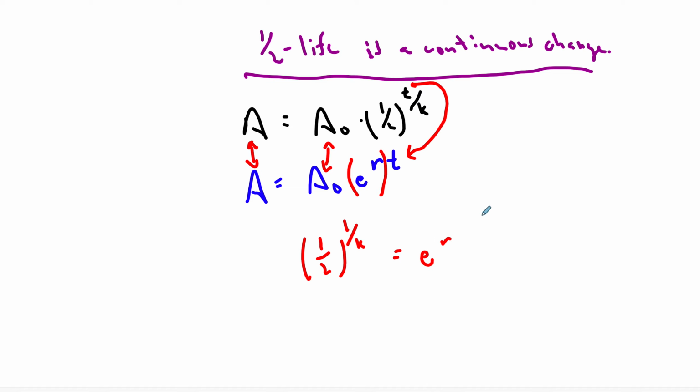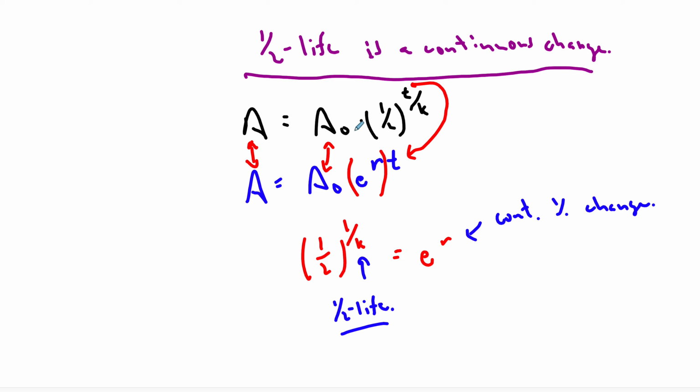So this would be the continuous percent change of the substance, whereas this would be the half-life, that is the time that it takes for half of it to change, okay?